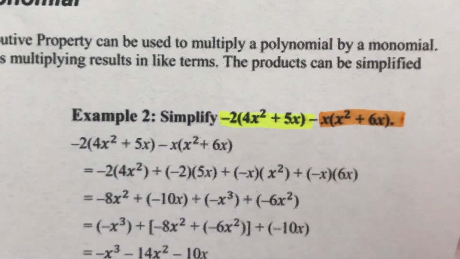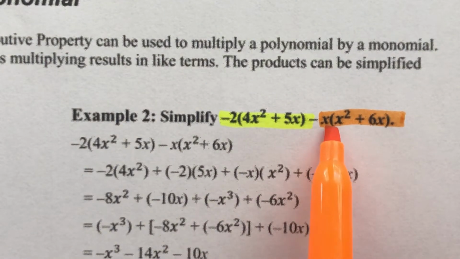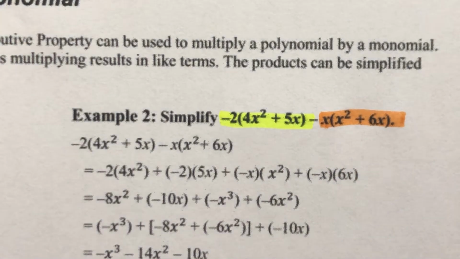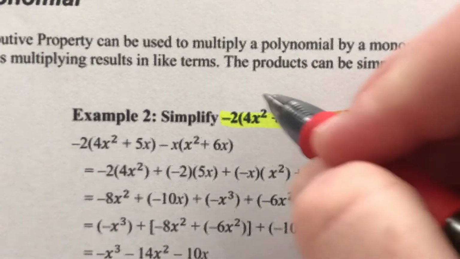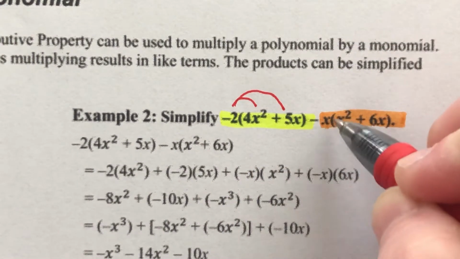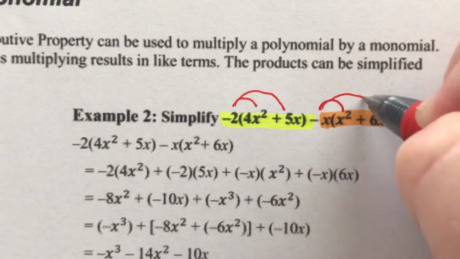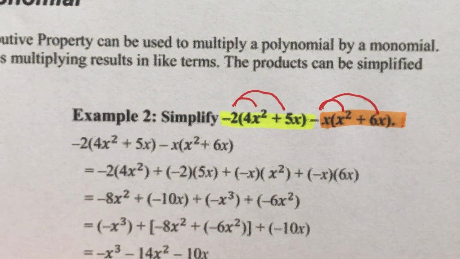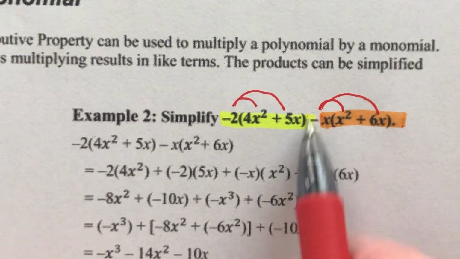And I've got x in front, this monomial, multiplied by everything inside parentheses, x squared plus 6x. That's a binomial. So I'm still going to do the same thing. I'm going to distribute this negative 2. And then this negative x here, I'm going to distribute it here. Same thing, it's just two different multiplication problems combined into one.